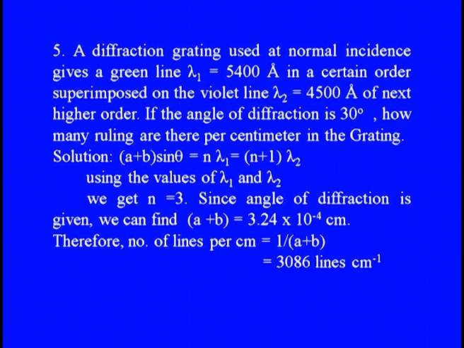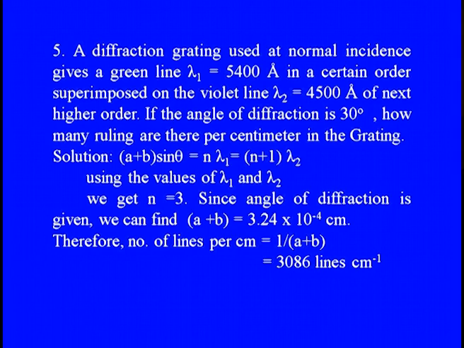Problem number 5. A diffraction grating used at normal incidence gives a green line lambda 1 equal to 5400 angstrom in a certain order superimposed on the violet line lambda 2 equal to 4500 angstrom of the next higher order.